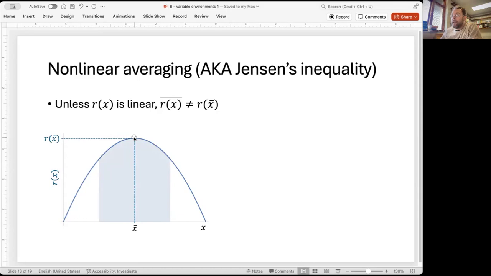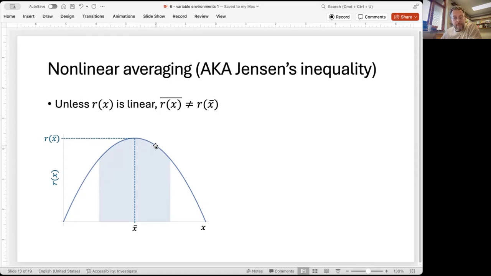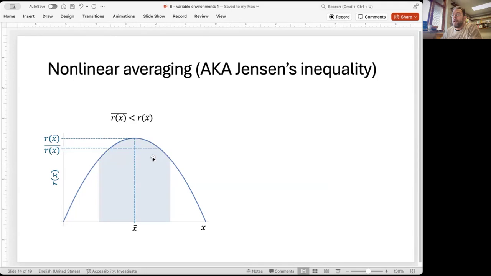At the optimum environment you're doing great, but when it gets a little cooler, performance declines. Then it warms up and goes past the optimum, and again performance declines. So if we average the growth rate over this variation, it's a little less than the growth rate at the average environment. So there's a penalty for having environmental variation in this case.